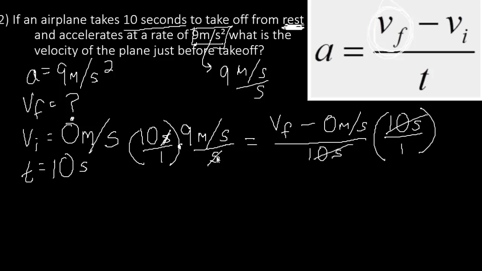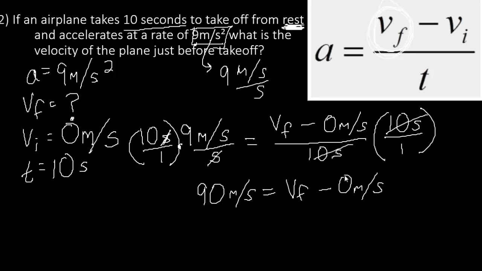Now we go ahead and do our multiplication. 10 times 9 meters per second divided by 1. It sort of looks similar to our factor label method. 10 times 9 is 90. And our units here are meters per second, all over 1, which ultimately is the same thing as saying 90 meters per second. And all of that is equal to VF minus 0 meters per second.